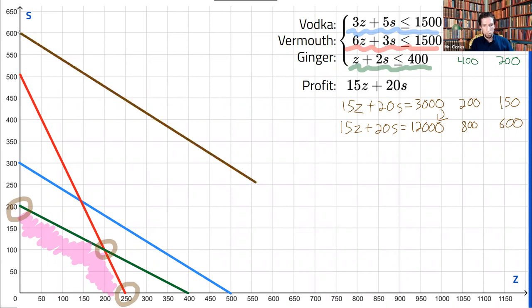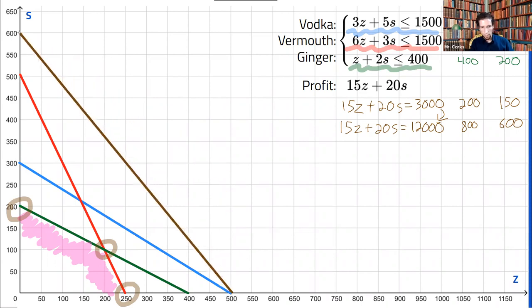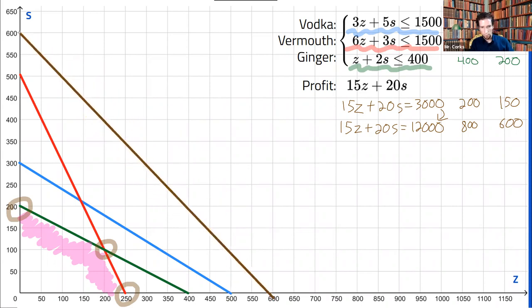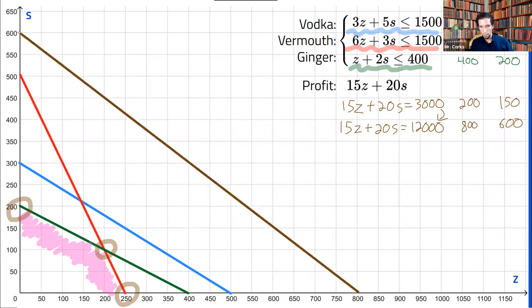600, 800. I can't actually see the 8 because of my zoom controls. 6, 7, 8, I think that's right there. That looks a little too far away. What if we make it 6,000? Okay, let's try that. If it's 6,000, that's double 3,000, so the intercepts will be 400 and 300.